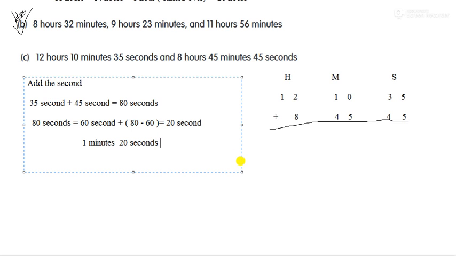So write 20 seconds in the seconds column and carry 1 minute to the minutes column.